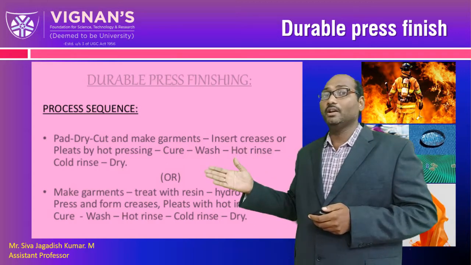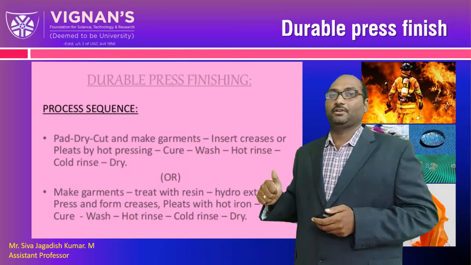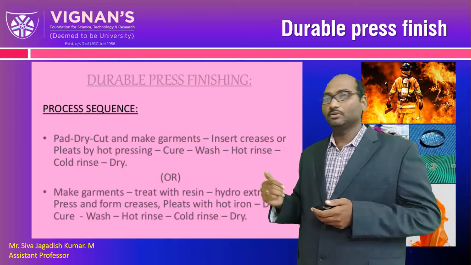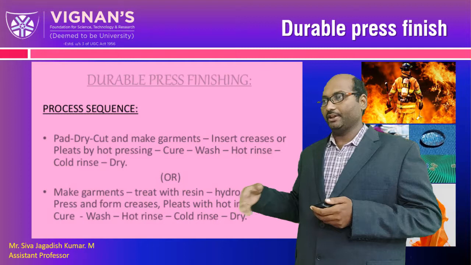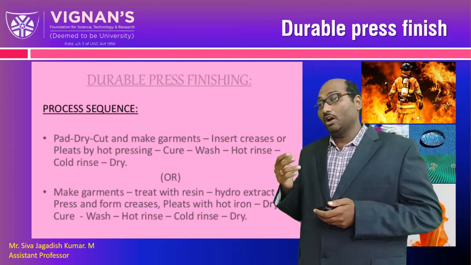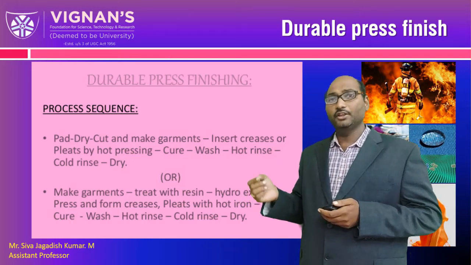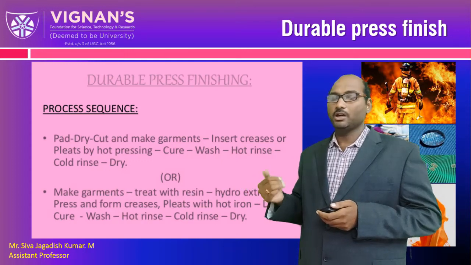Then it goes for curing, and it will be set after the curing. The other way is you make the garments and treat them with the resin, as we were discussing a couple of classes before about the various ways to finish garments, either through the dip method or the tumbling method.